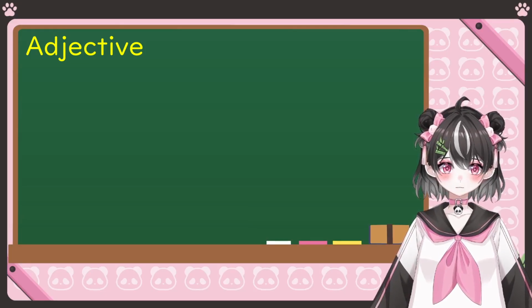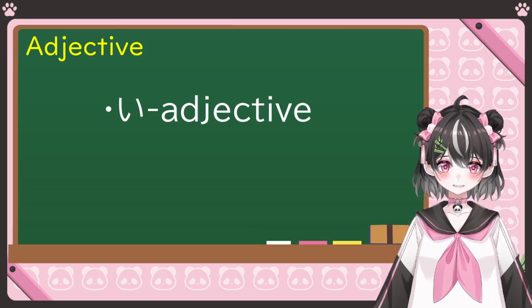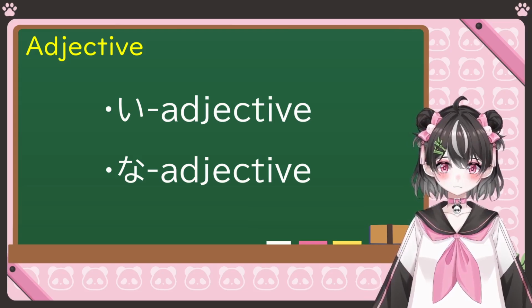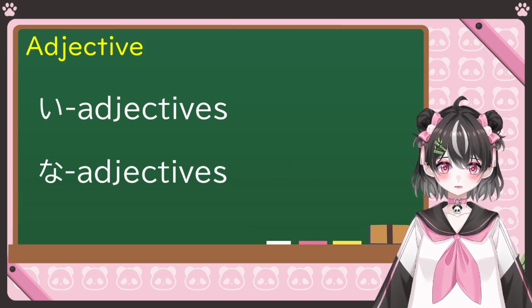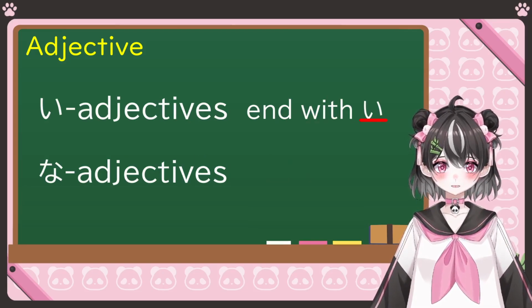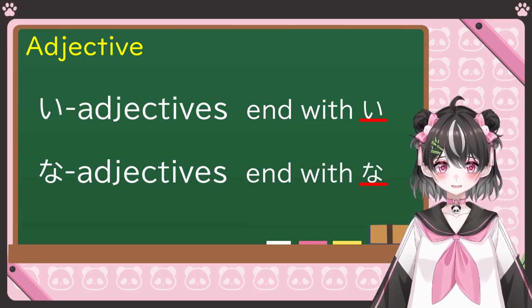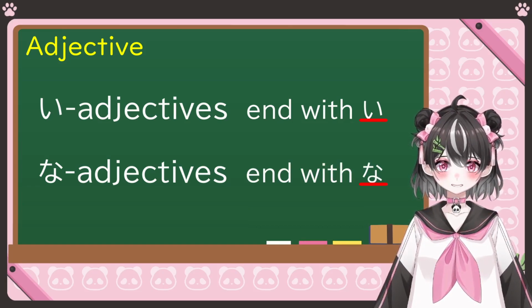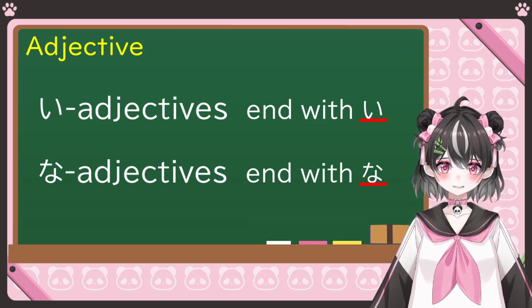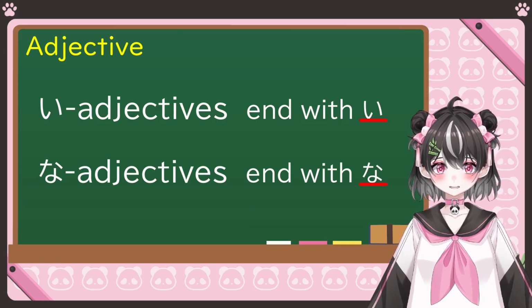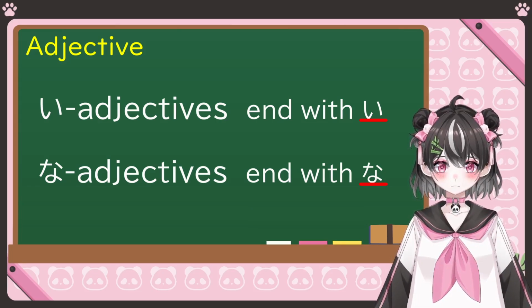There are two types of adjectives, I adjectives and na adjectives. I adjectives end with I and na adjectives end with na. That's all. There's nothing more to explain. It's pretty simple, isn't it? Let's take a look at some examples.